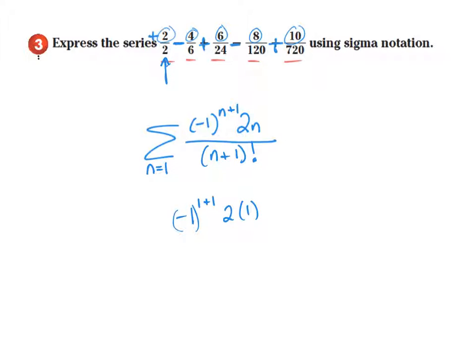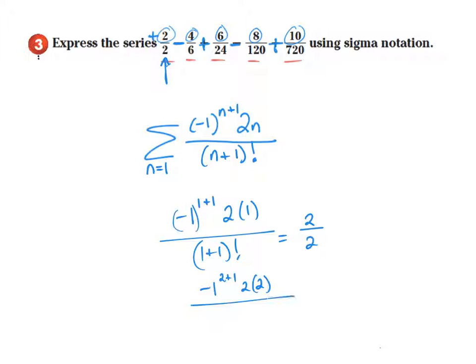And 2 times 1 over (1+1) factorial gives me 2 over 2. So we're good. Let's just check on the next one to make sure. If I plug in 2, I have (-1)^(2+1), 2 times 2 over (2+1) factorial. So this gives me -1 times 4 is -4 over 3 factorial, which is 6. So -4 over 6. So we're good, right?